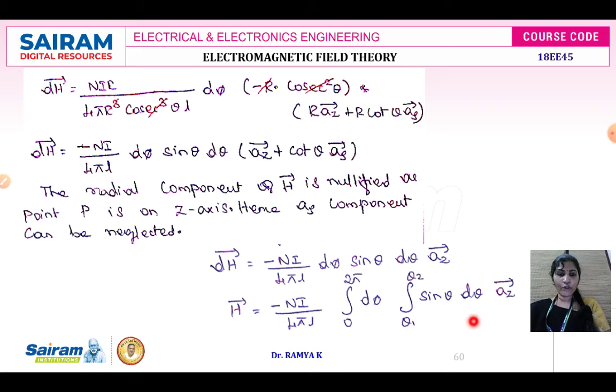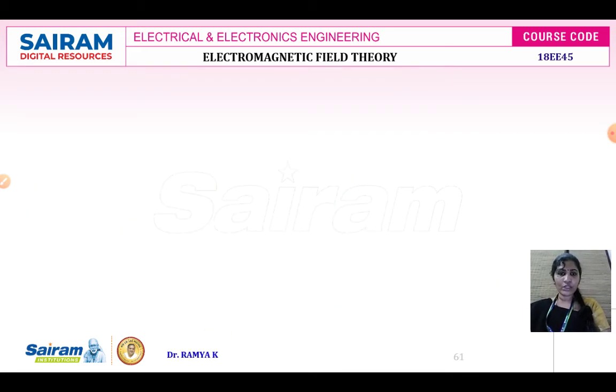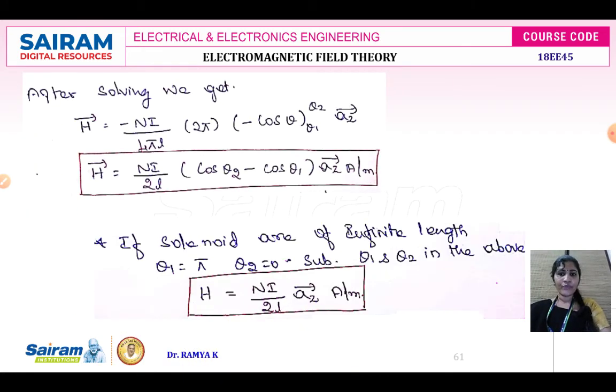Therefore, the value of magnetic field intensity after the solution is going to be NI by 2L (cos theta 2 minus cos theta 1). If you are considering theta 1 to be pi and theta 2 to be 0, then you will be getting H is equal to NI divided by L.